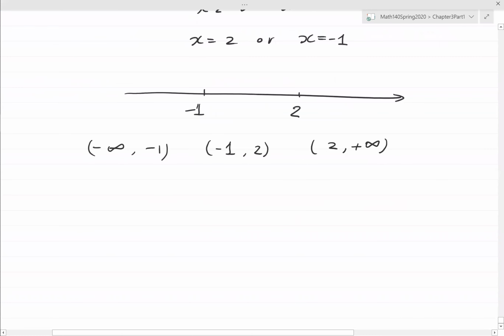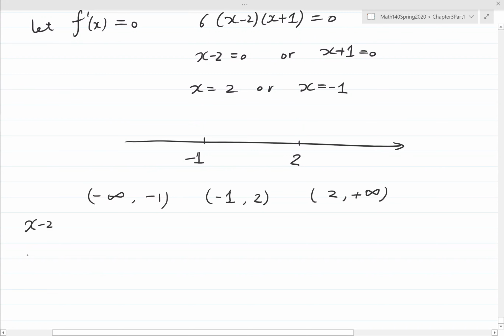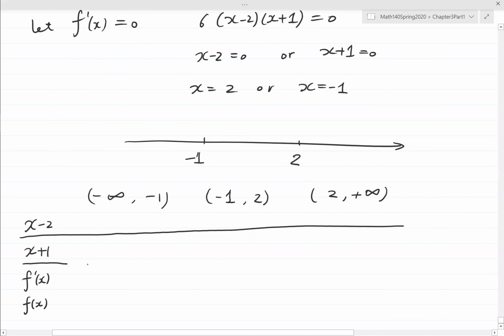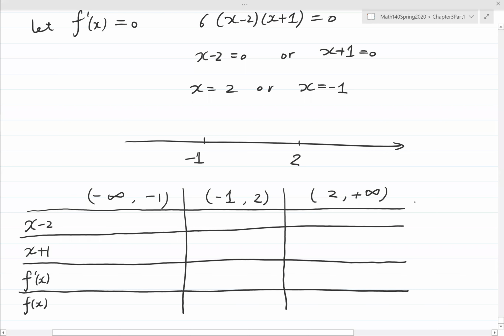Then we look at the factors of this derivative, x minus 2 and x plus 1, and see the sign of each factor on each interval. For x minus 2: when x is less than -1, it is negative.